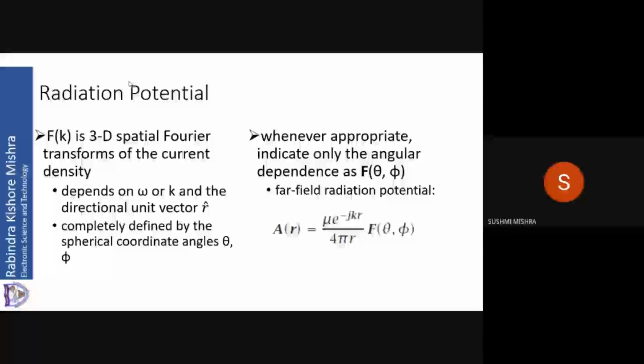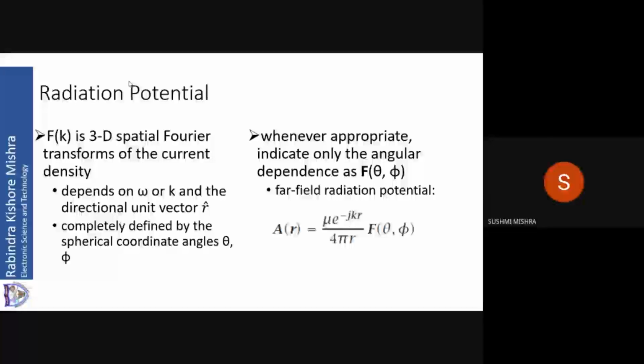Outside there is no scalar product. It is a simple scalar multiplication. So jkr is equal to j omega upon c r, or j omega root mu 0 epsilon 0 r. No question of theta phi there. So the first term does not have a theta phi.